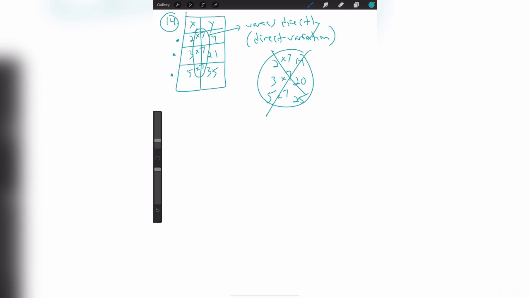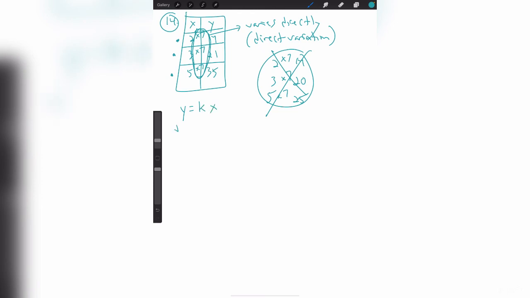So it's asking you, if so, find the constant of variation. The constant, in this case, is 7. And the way that we would write a direct variation equation, the way it's structured, is y is equal to k times x.